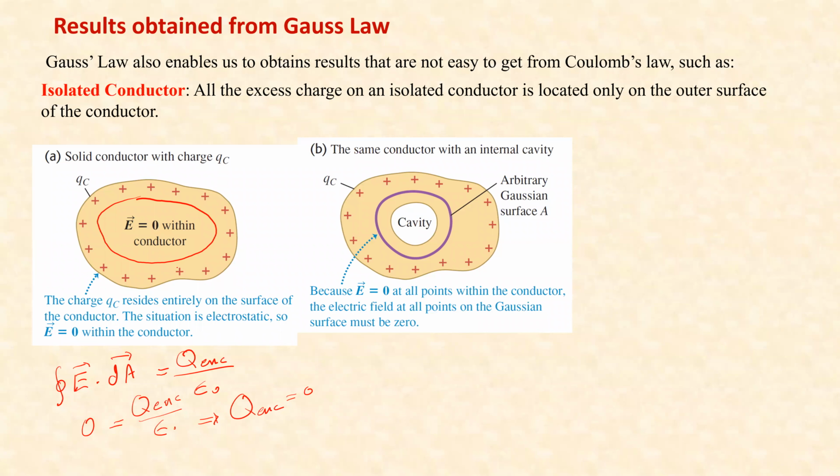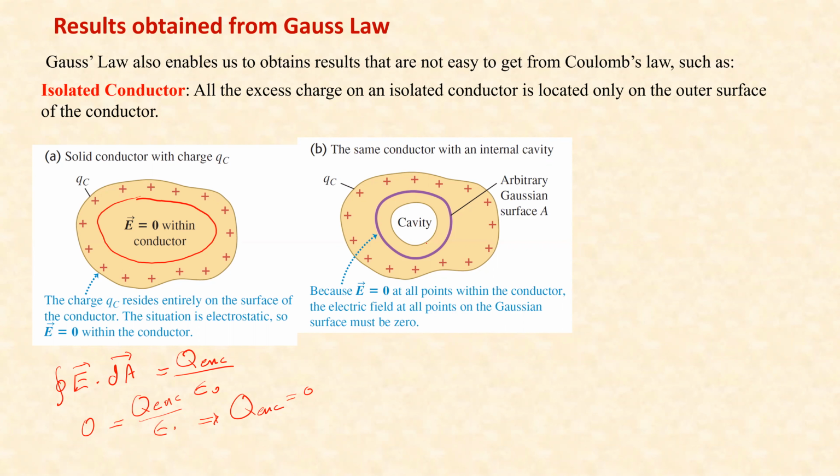You see that all the excess charge has to go only on the surface, no matter how much it is, no matter how enormous the extra charges are, they are all on the surface. So that comes from Gauss law. That's not easy to get from Coulomb's law.